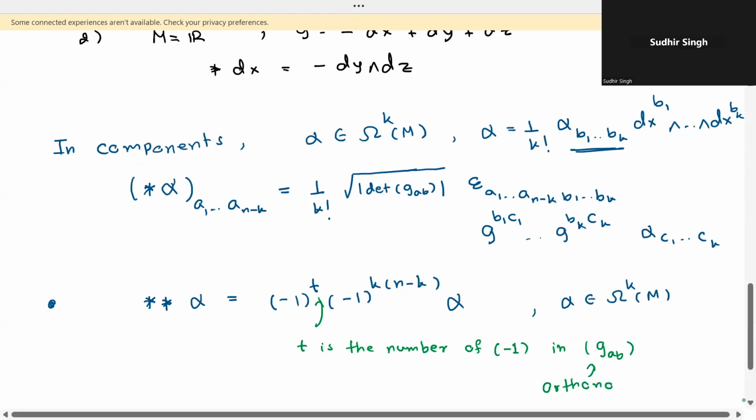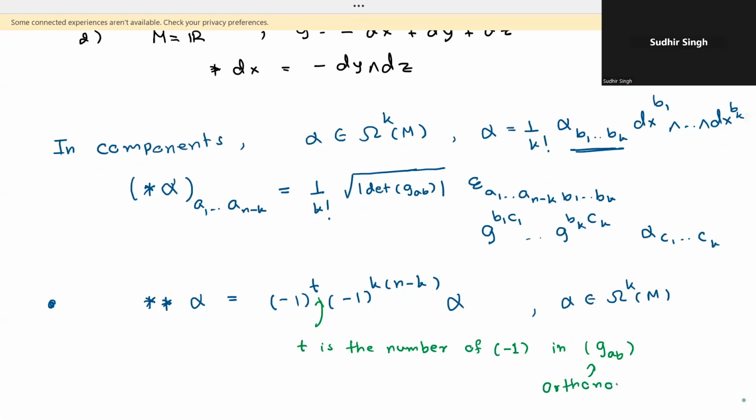Because if we use an orthonormal frame field, then the components of the metric will be a diagonal matrix, and we just have +1 and -1 over here, and the number of -1s is t.